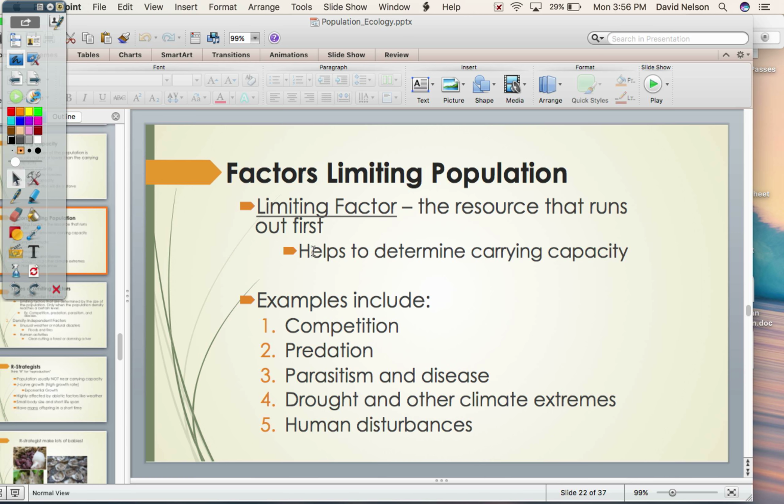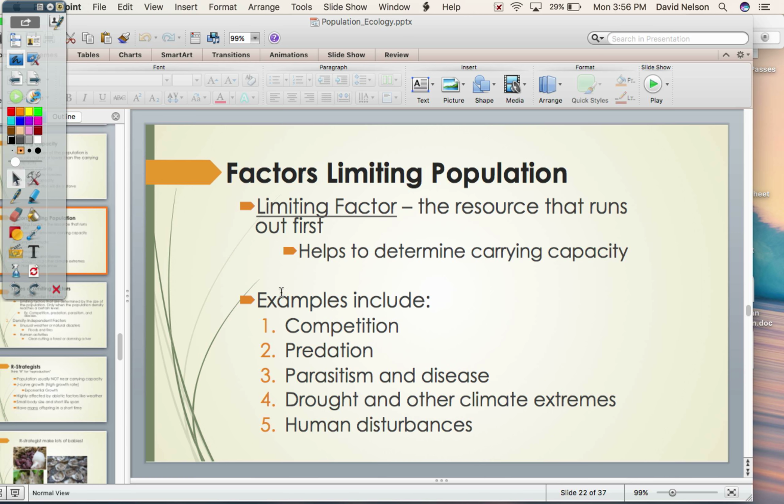Some other factors that limit a population could be things like competition. So if there's competition between organisms, then they're going to be competing for the same resources.